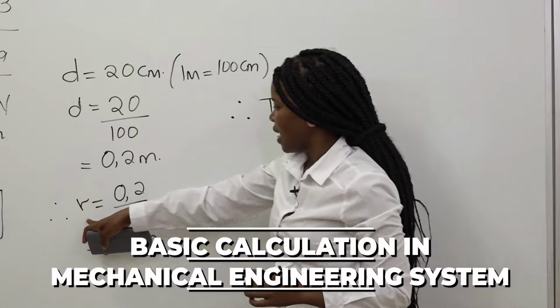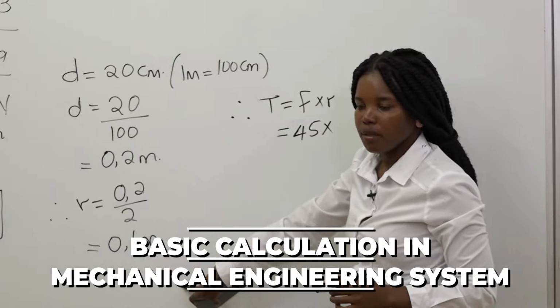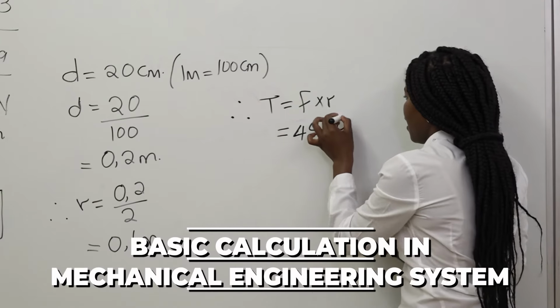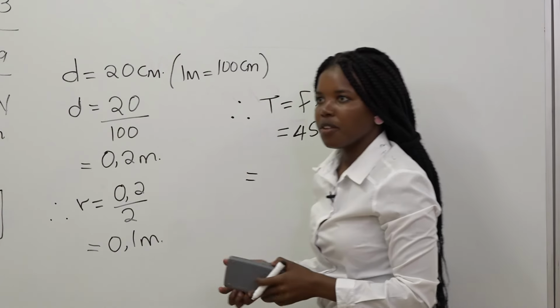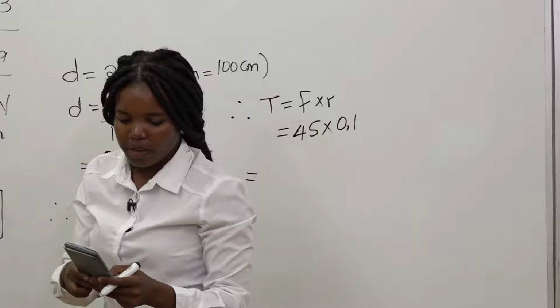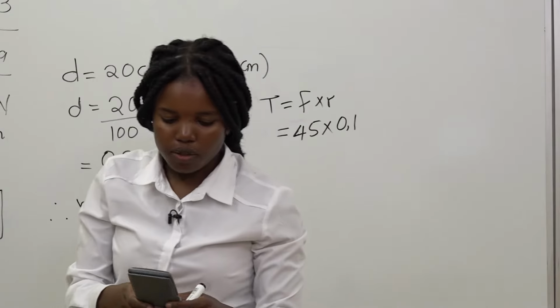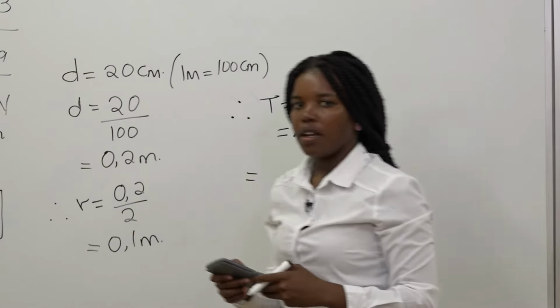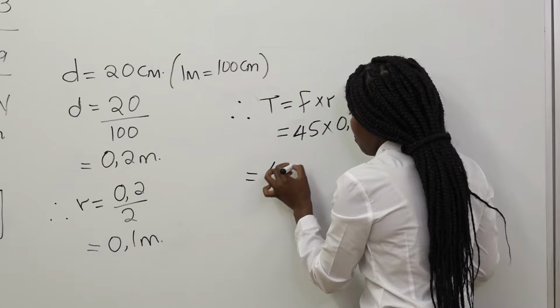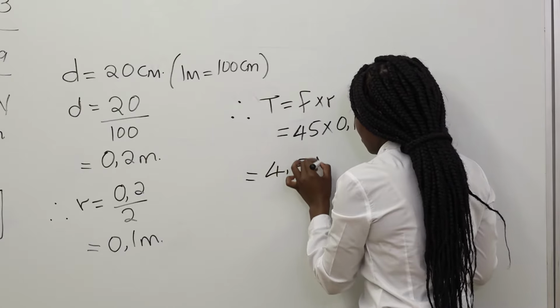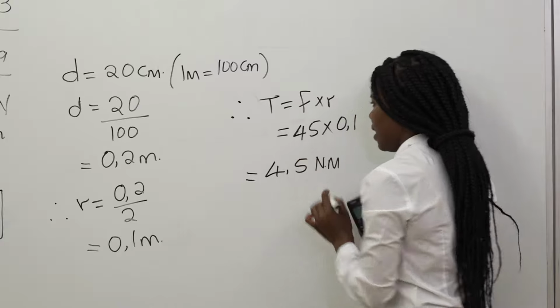We have calculated the radius, which is 0.1. So it's 45 times 0.1. What will be 45 times 0.1? We get 4.5, which means it's 4.5 newton meters.